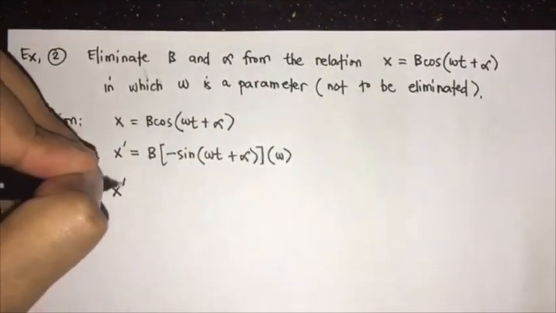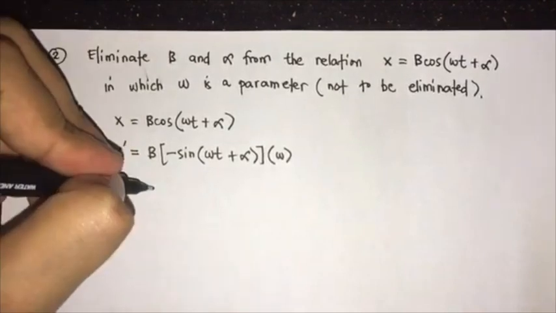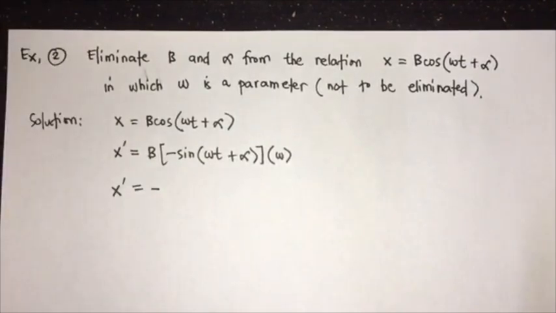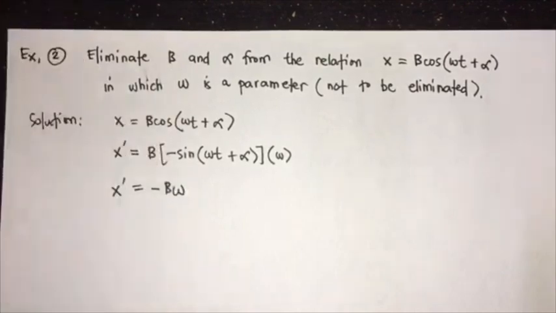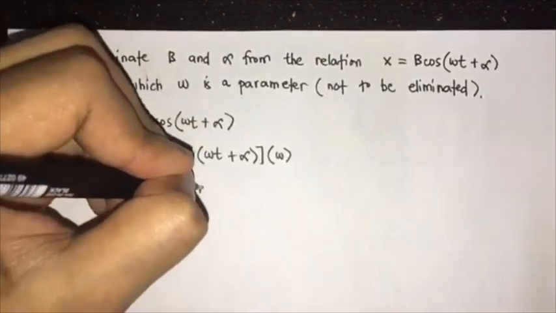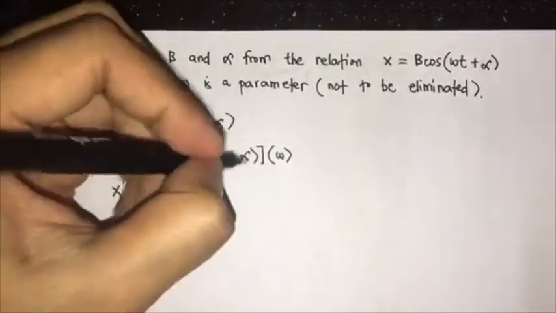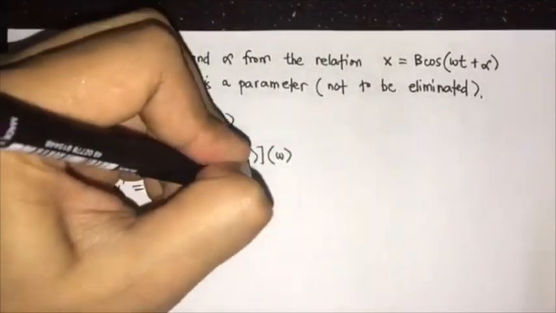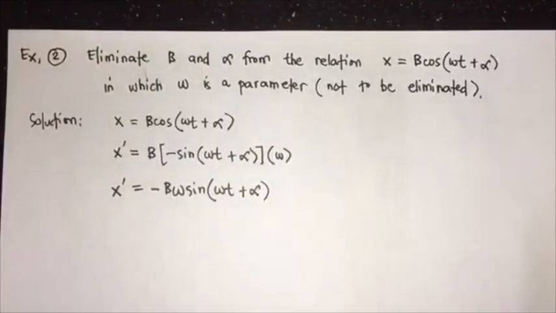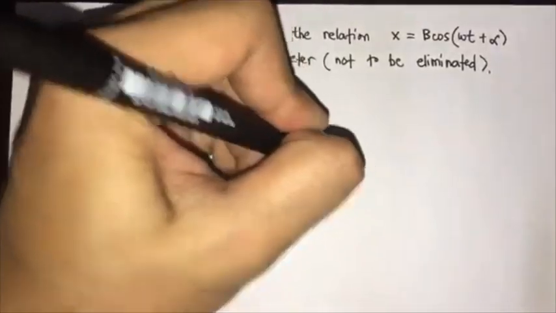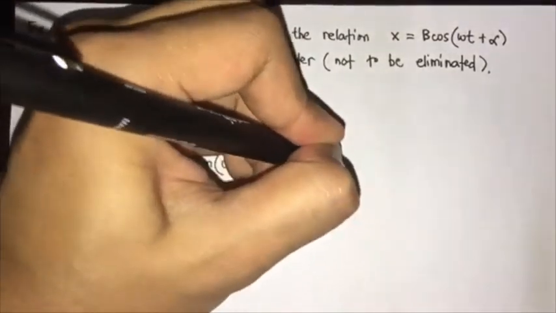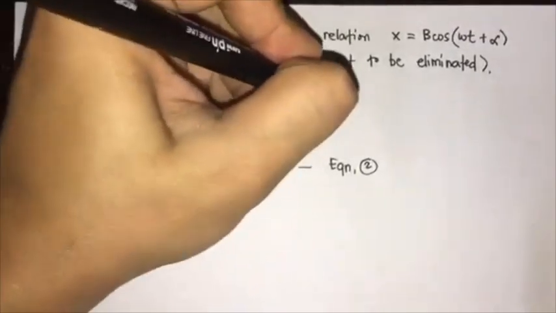So x prime is equal to negative b omega sine of omega t plus alpha. Next we need the second derivative. So let this be our equation 2, and this is equation 1.